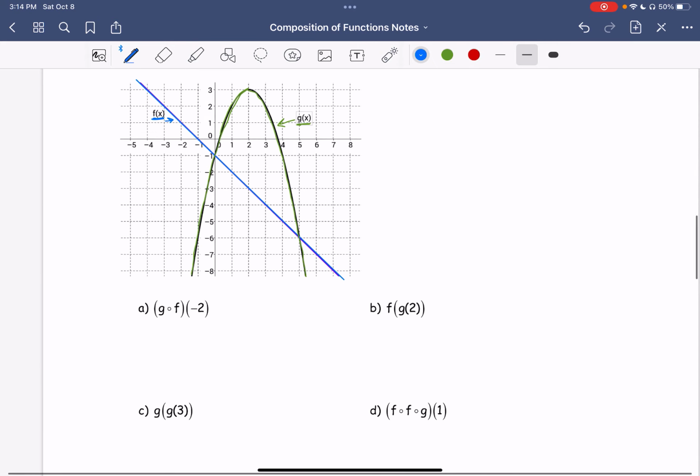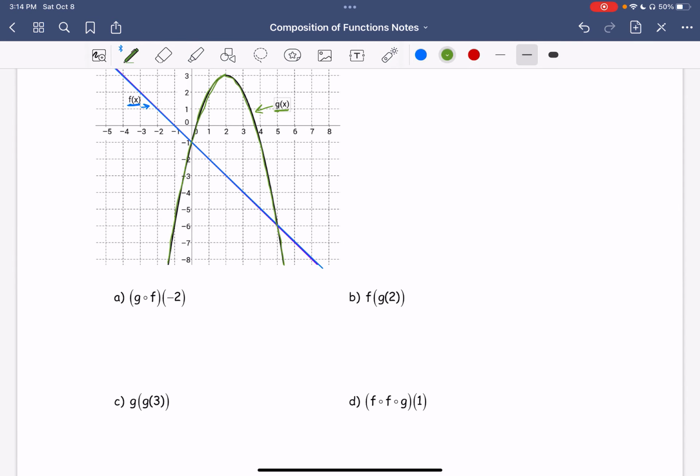So they want us to find g composed with f, so we can rewrite that as g of f of -2. Okay, so remember that everything inside the parentheses is usually x, right? So this is usually f of x. So they're telling you that x is -2.